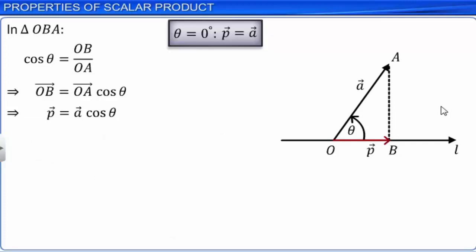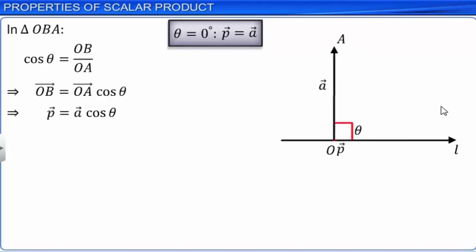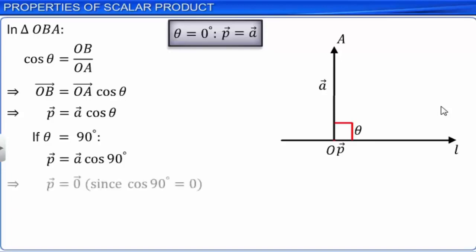If theta is equal to 90 degrees, vector A is perpendicular to line L and its projection vector P is a 0 vector.